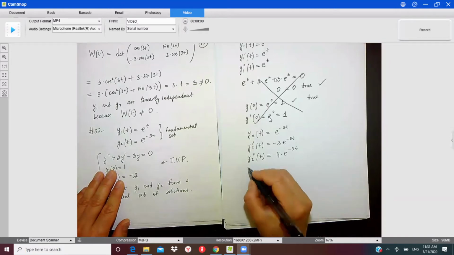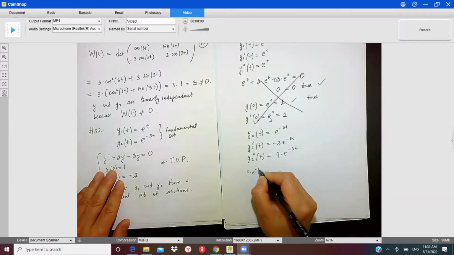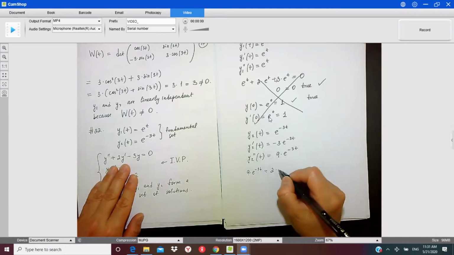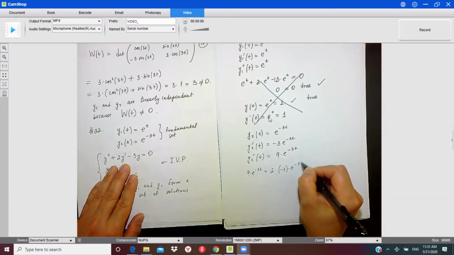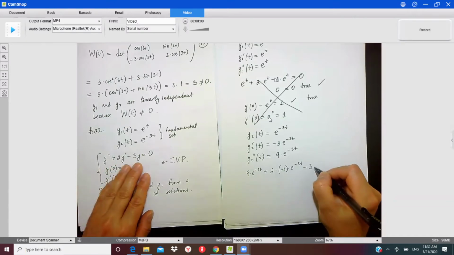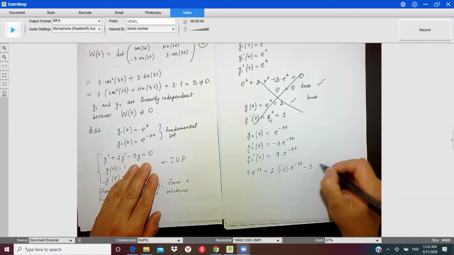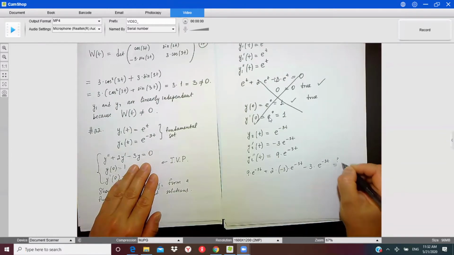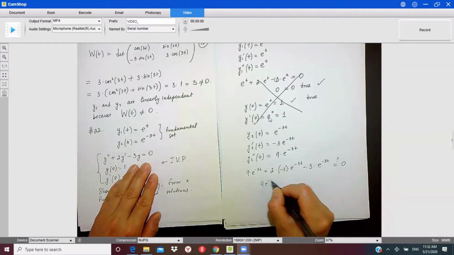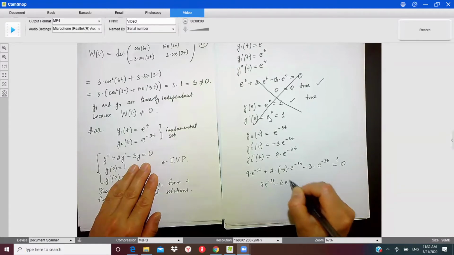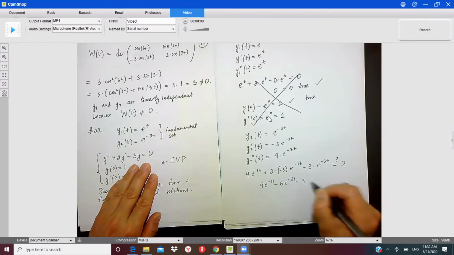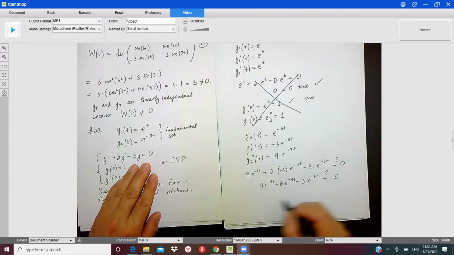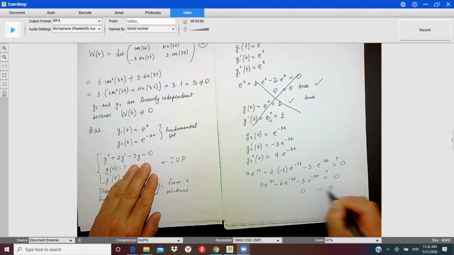The equation, y double prime plus 2 times y prime and minus 3 times function y sub 2, e to the negative 3t. So we have 9e to the negative 3t minus 6e to the negative 3t minus 3 times e to the negative 3t. Is it equal to 0? Yes, it's fine.